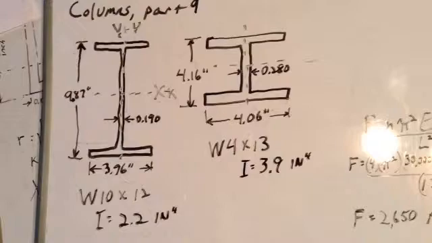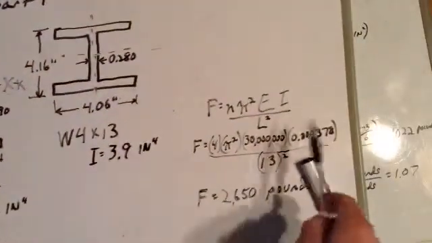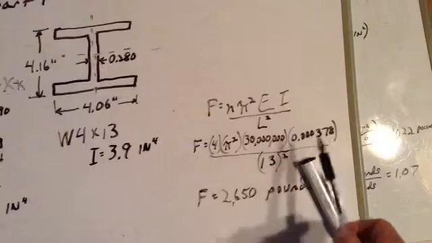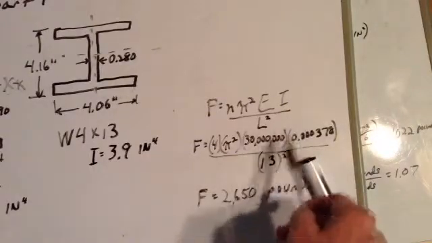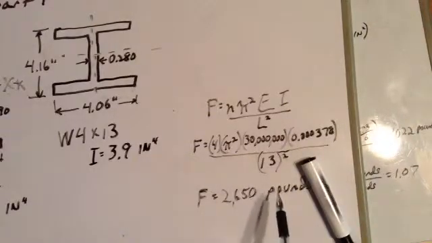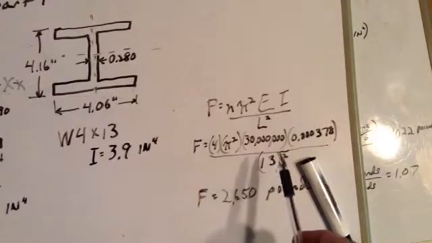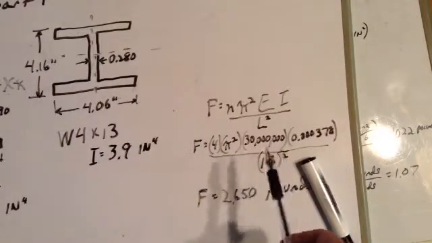The Euler equation led us to expect our buckled member to withstand a load of 2,650 pounds. See here, I didn't put the units there, didn't have room, but plugging into the Euler equation leads us to expect 2,650, but 1,022 is all we got, so we were led to expect it to be 2.6 times stronger than it was.